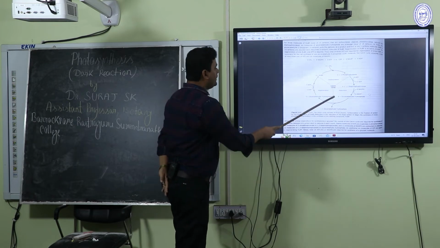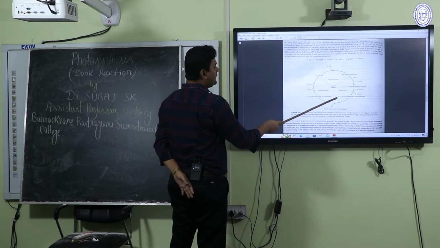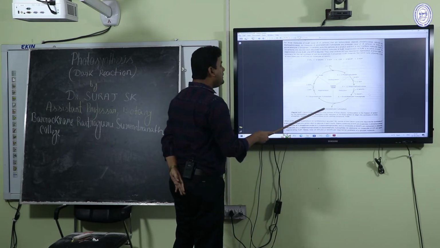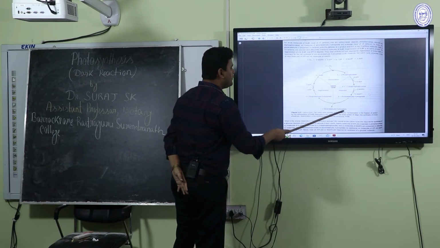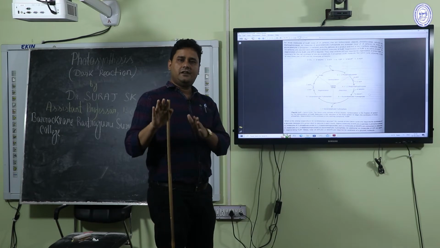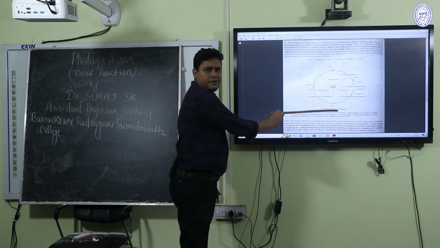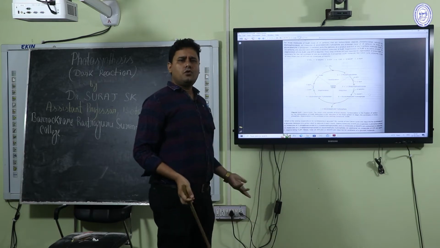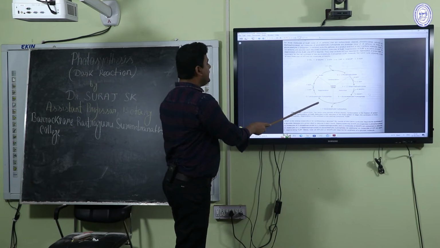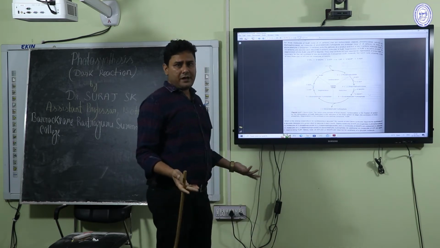So, of the 6 molecules of glyceraldehyde 3-phosphate, 1 molecule will exit this cycle, and later it will be converted into sucrose and starch. So in the cycle, 5 molecules of glyceraldehyde 3-phosphate are present.